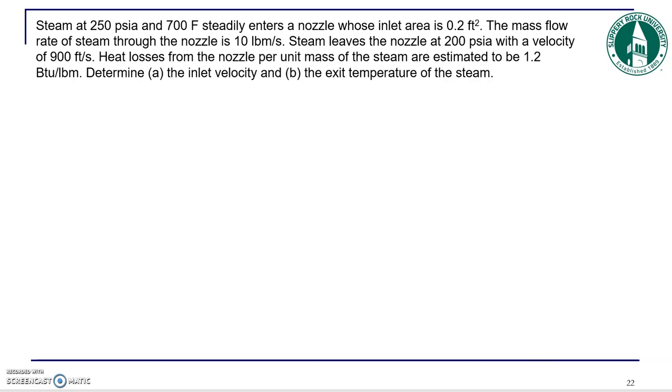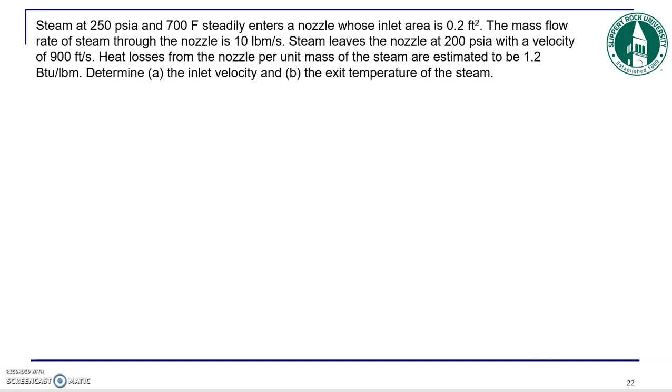So this is an example problem of nozzles, and we are trying to write the first law of thermodynamics as we just discussed for this open system. So where should we start with this? First, it's steam, right?